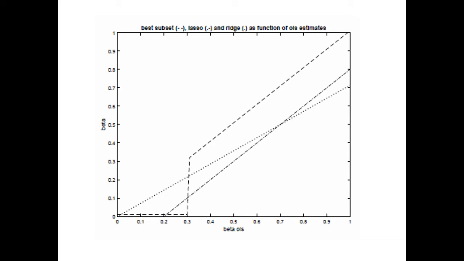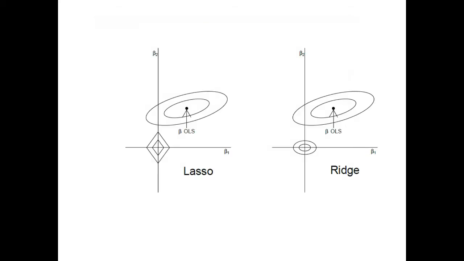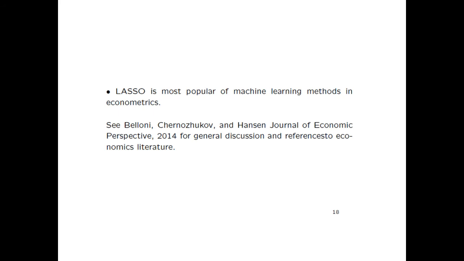So here's a figure to illustrate what's going on there. What subset selection does is, that's the dashed line. Depending on what the least squares estimator is, if the least squares estimator is very small, the best subset selector estimator is going to set it equal to 0, and then at some point it switches back to the value for the OLS estimator.